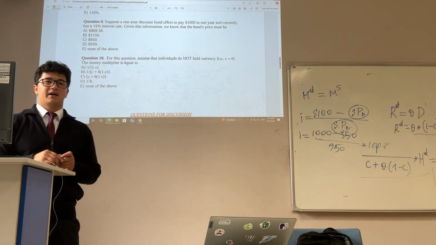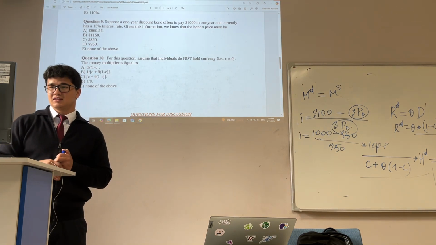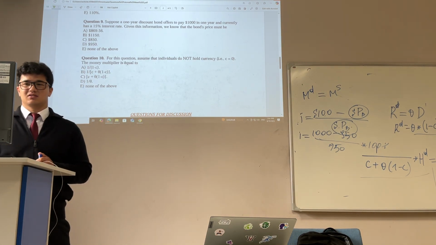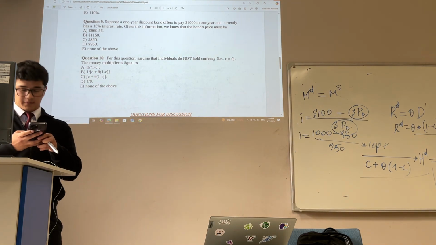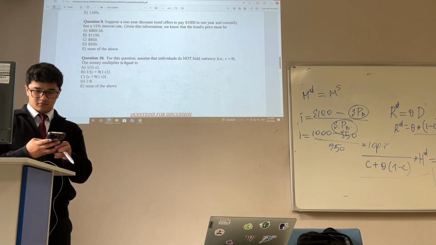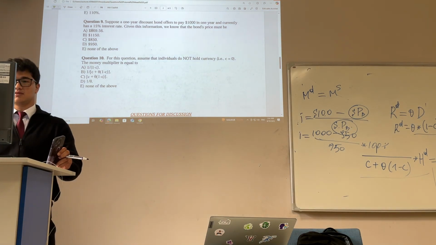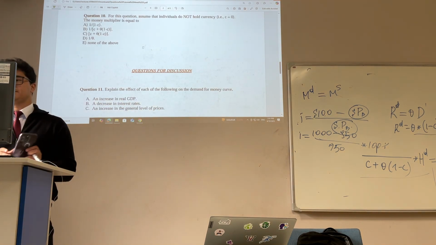So 1,000 divided by 1.15. So it will be equal to A, I guess, because we should have this type of value.